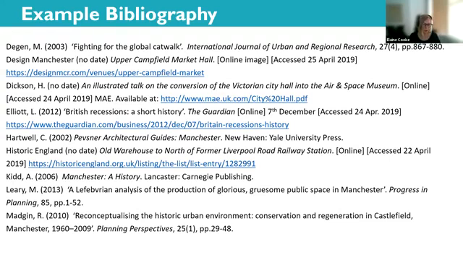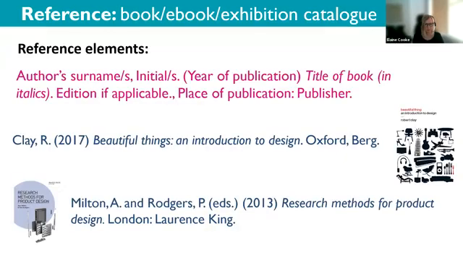Secondly, you've got an online image. Anything online, you're going to need to put the website in, and not only that, the date accessed. So we've got a range of books, articles, and websites on that reference list, so a good range of resources.